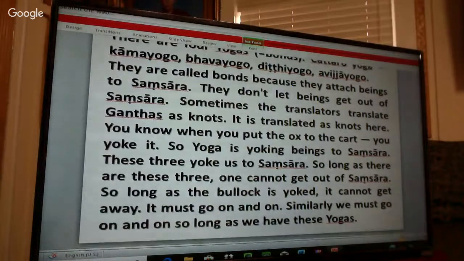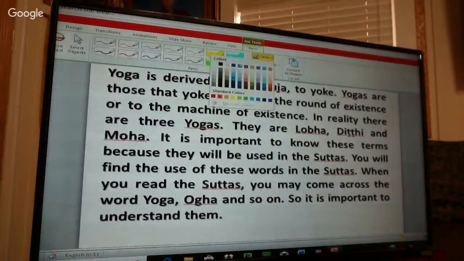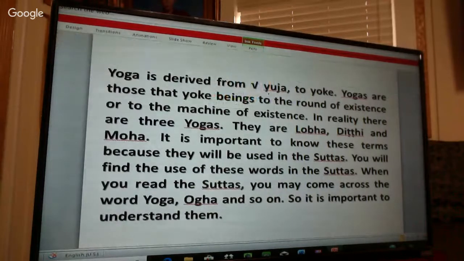Okay, and then yoga is derived from yuj. The original word is yuj. Yuj means a yoke or bond.